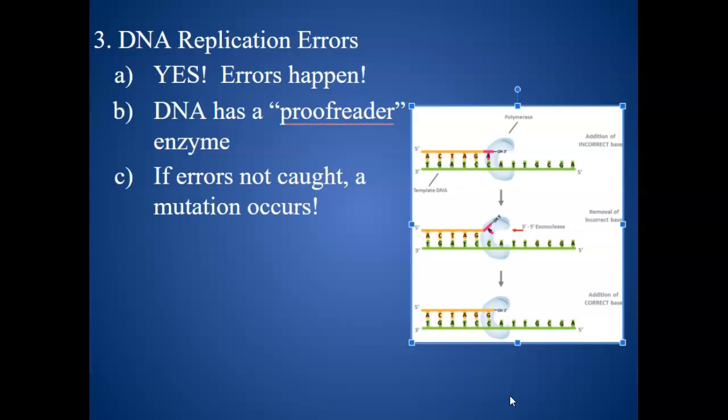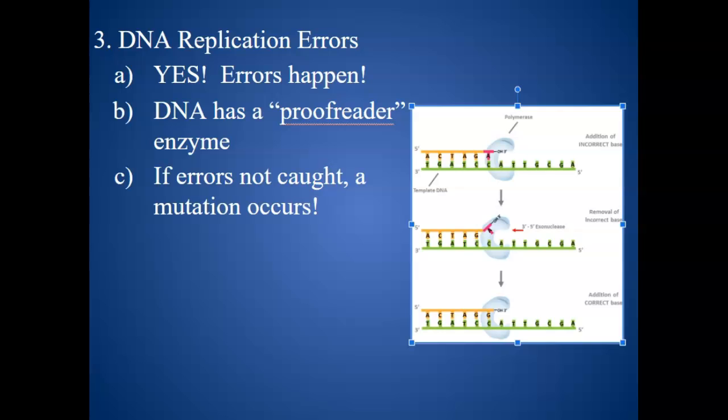And one thing you should know, in addition to just how the process works, is that errors happen. There's lots of moving parts here, and it is very easy to get a wrong base in. So here's a DNA polymerase, and look, oopsies, it's put an A with a C. That's not right. Okay, well, thankfully, there are proofreading enzymes that can come in and check: are all the A's with T's and all the C's with G's?